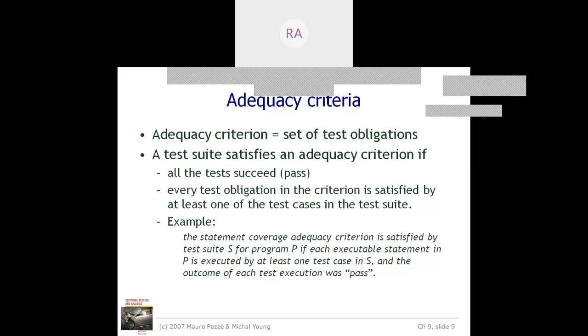The adequacy criteria for statement coverage is satisfied by the test suite S for a specific program P if each executable statement in P is executed by at least one test case in test suite S, and the outcome of each test execution was pass. This is a simple example to understand adequacy criteria.